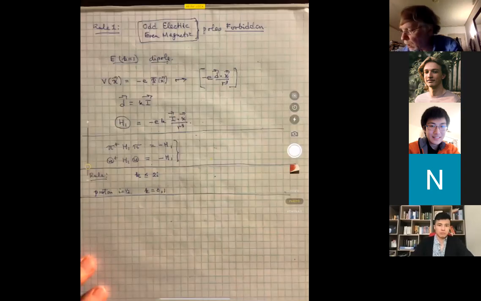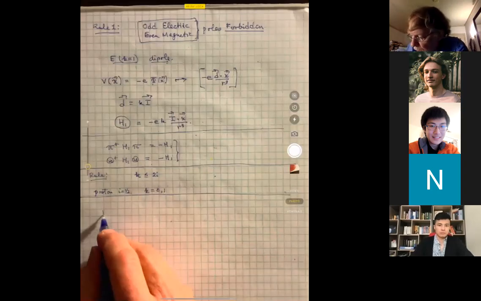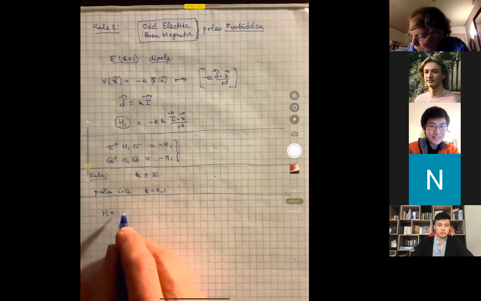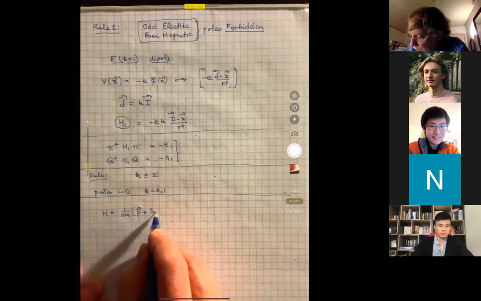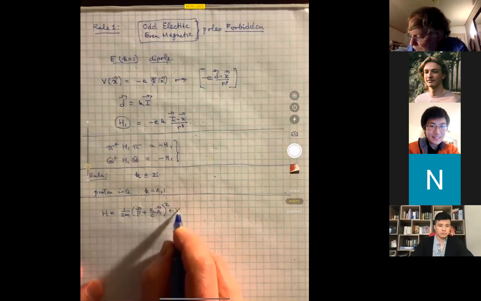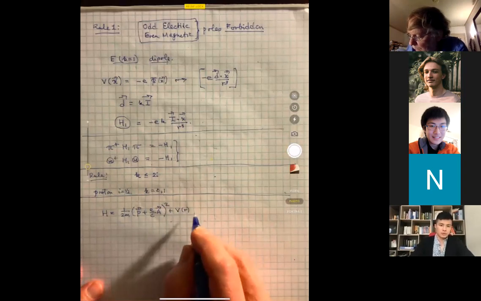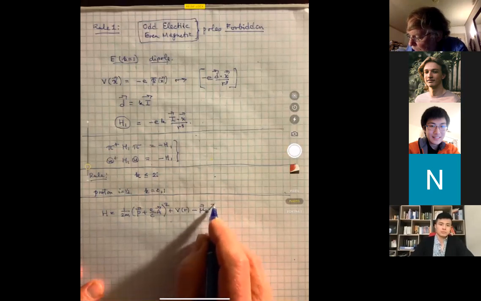Now that means we want to talk about a Hamiltonian for our atom, which looks like this. It's going to be 1 over 2m, we have p minus, it's really p plus e over c A, squared, because the charge is negative, plus the potential energy V of r. And then we have minus the electron magnetic moment mu_e dotted into the magnetic field.